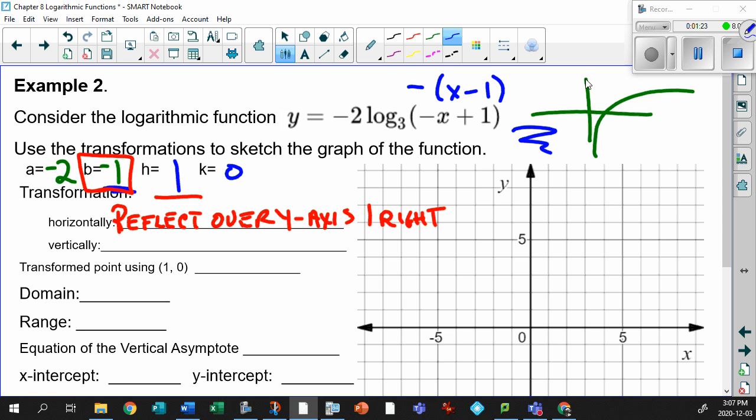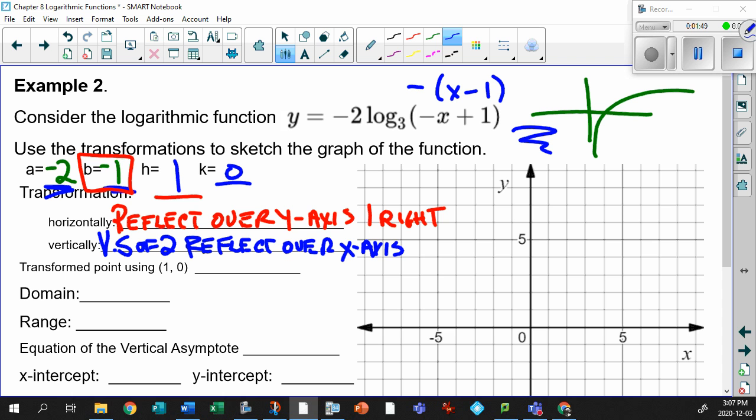What's going to happen vertically? We're also going to stretch, so we're going to do a vertical stretch of 2. We're going to reflect, over the y or x-axis this time? Over the x-axis, and that's it.